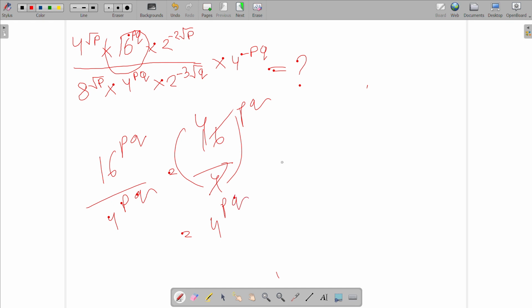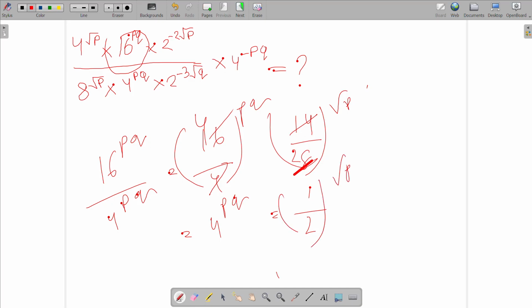Then we have to solve the next part. What is 4 by 8? This is our resultant value for 4 to the power root p. This cuts out as 1 by 2, that is half. So we can write it as 1 by 2 to the power root p.